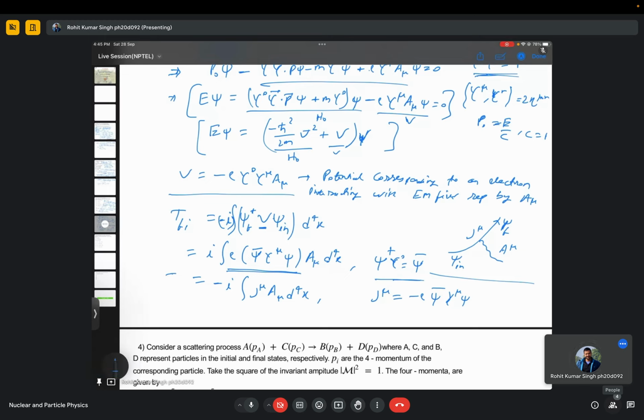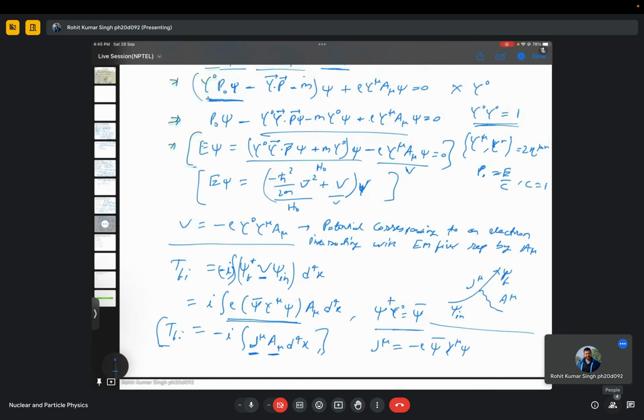So you have an expression for the transition amplitude in terms of the current corresponding to the electron and the surrounding electromagnetic field represented by A mu.